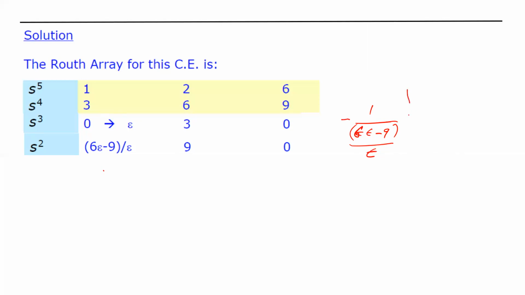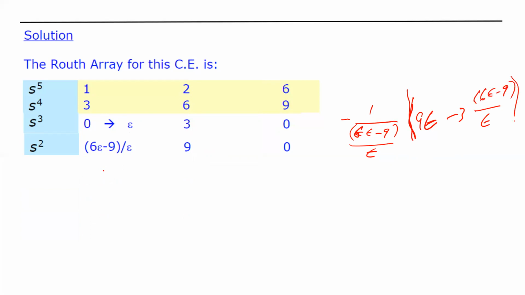This is minus, and the determinant, or the multiplication 3 times 3, which is basically 9 minus, sorry, no, it's going to be epsilon times 9, so 9 epsilon, minus 3 times 6 epsilon minus 9 over epsilon.